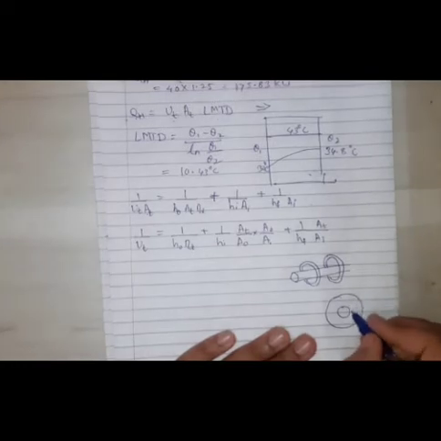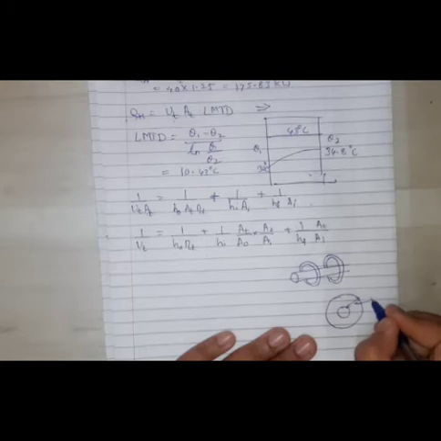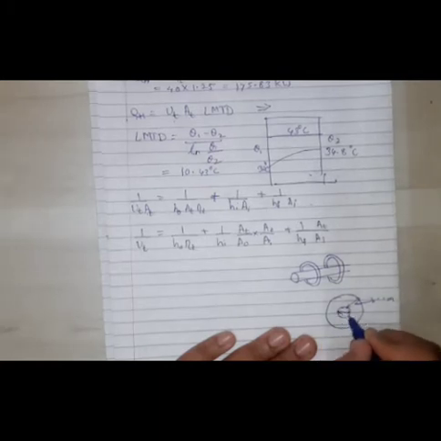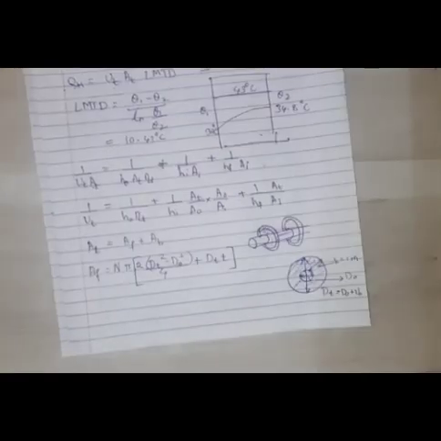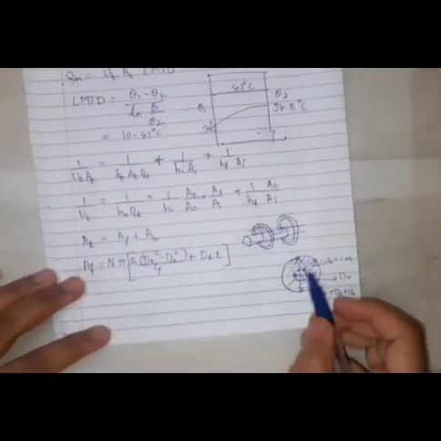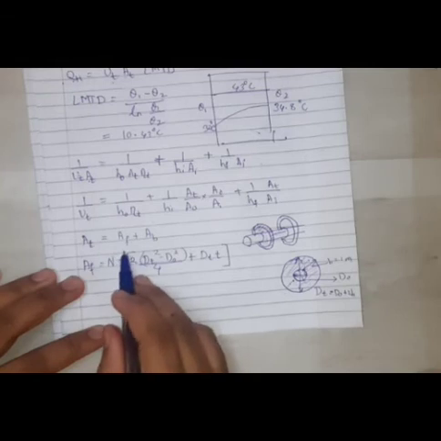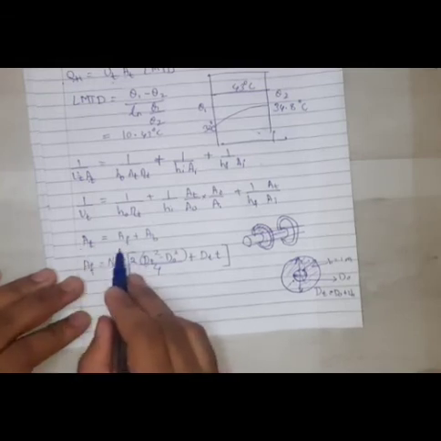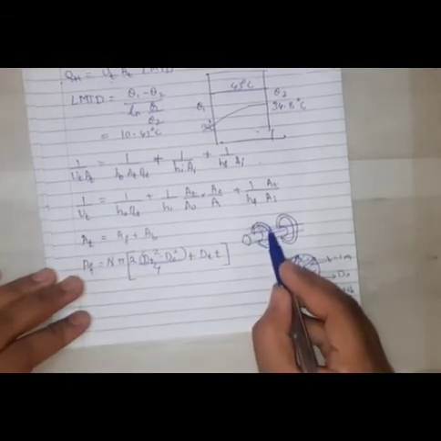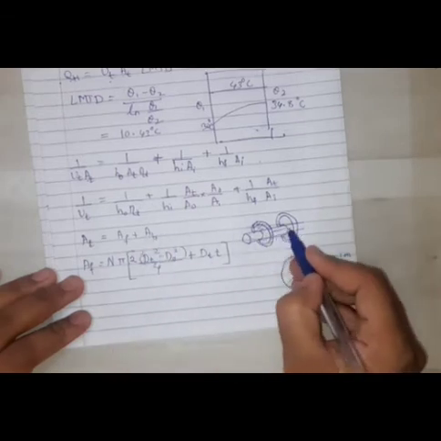So for that fin, what is given? This thickness is given as 1 mm. Outer diameter is given to us as, so here you can see the total fin area. So total area is equal to the fin area, that means this area, plus the pure tube area, that means between this area.